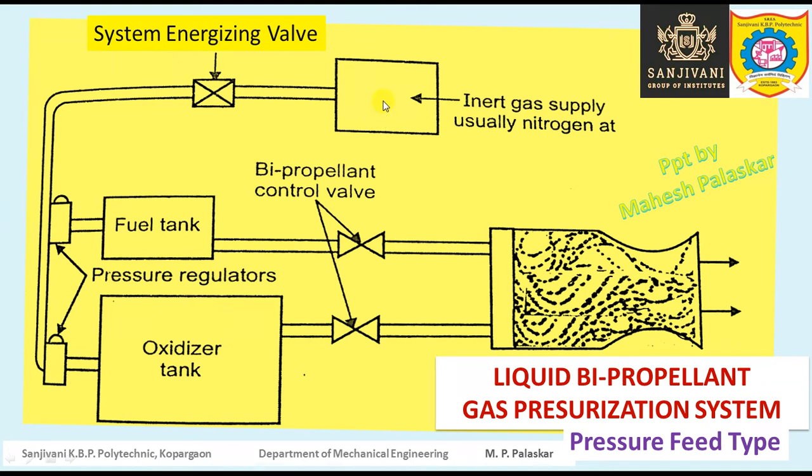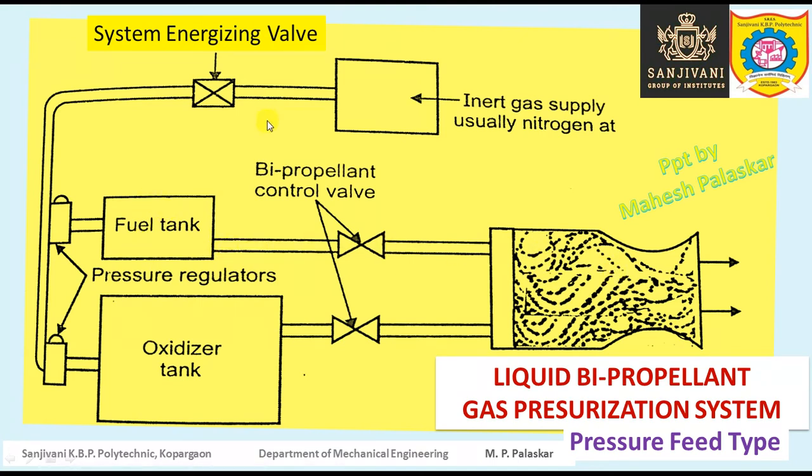But the flow of this high pressure nitrogen gas is controlled by the system energizing valve. So this system energizing valve will control the flow of the high pressure nitrogen to the fuel tank as well as the oxidizer tank, and due to the flow of the high pressure nitrogen gas, the fuel will be pushed, or the fuel will go from the fuel tank to the turbine.